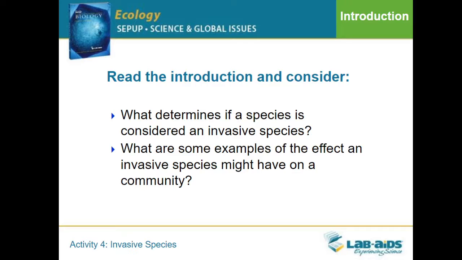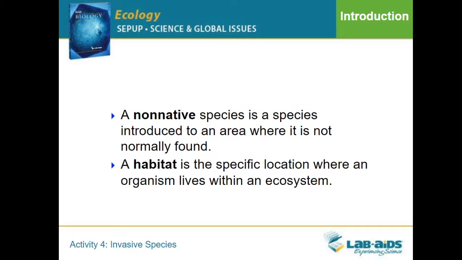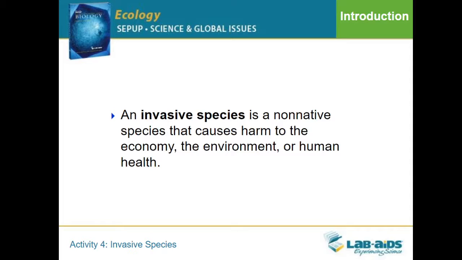So we read through the introduction, so go back and check that out, or it'll be in this quick check if you need it. We found out that a non-native species is a species introduced to an area where it is not normally found. A habitat is the specific location within an ecosystem where an organism lives. And to be considered invasive, a non-native species, so an introduced species, has to cause harm to the economy, the environment, or human health.